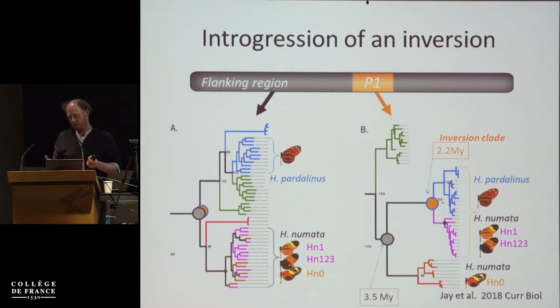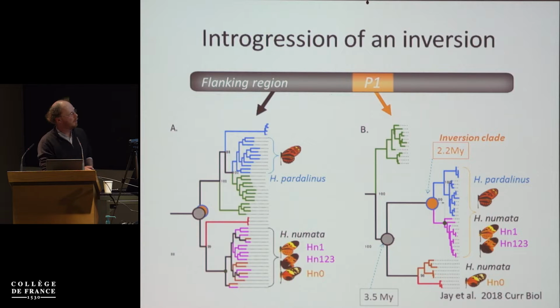And so this is a clear sign of an incongruous phylogeny, if I may say so. And then comparing the ages of those different nodes, we can prove that the inversion was introgressed from Heliconius pardalinus, this species in blue, into Heliconius numata, and then started the polymorphism.